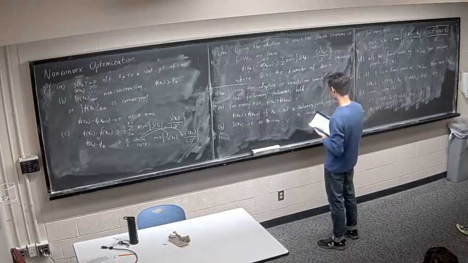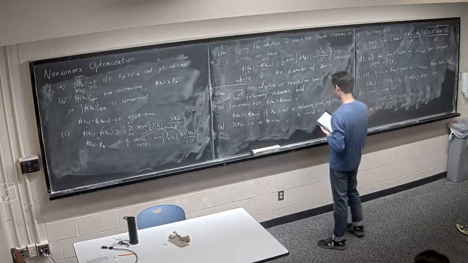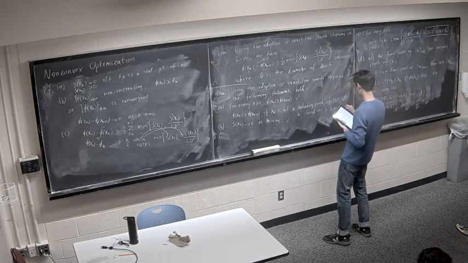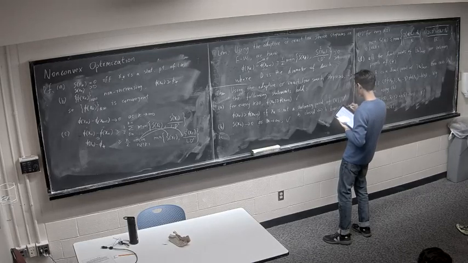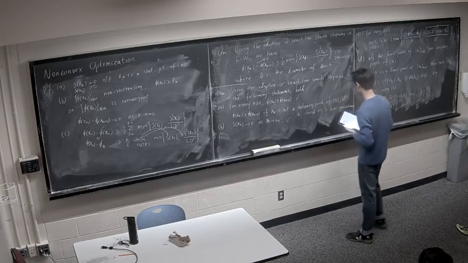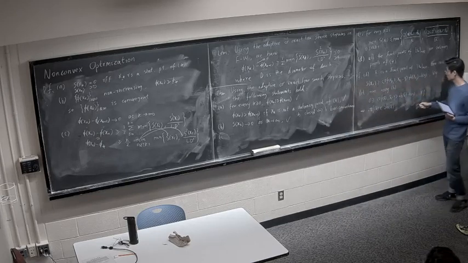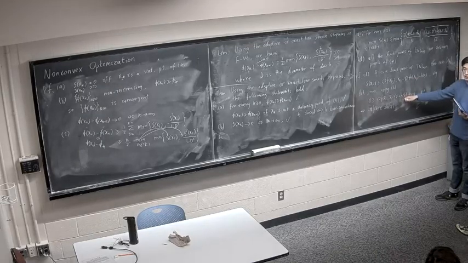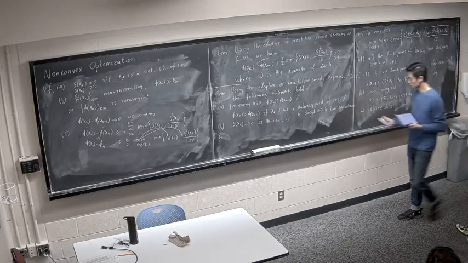If the function is a closed function, then this is equivalent to saying that h is lower semi-continuous. By lower semi-continuity, if you take the limit, this is greater than or equal to h of x bar, because that's the definition.